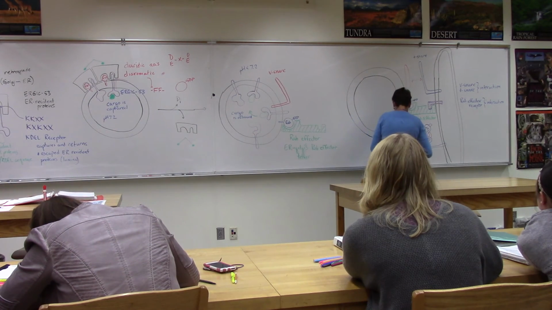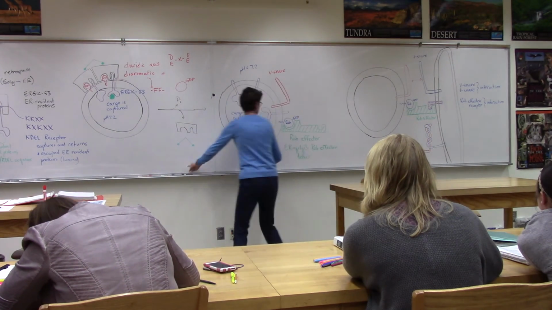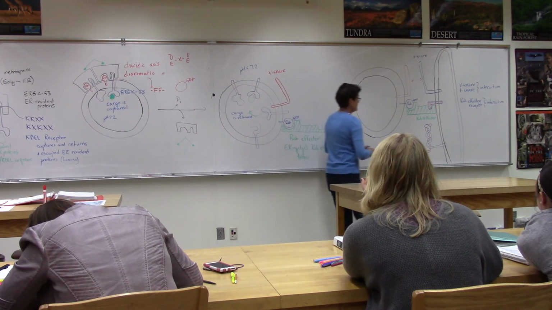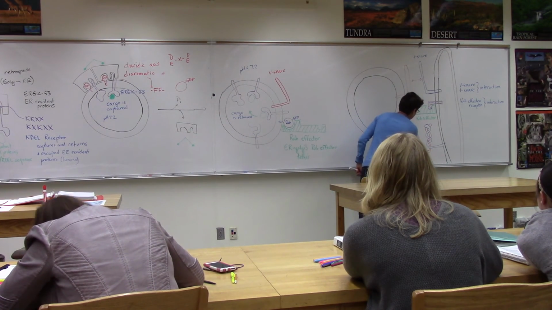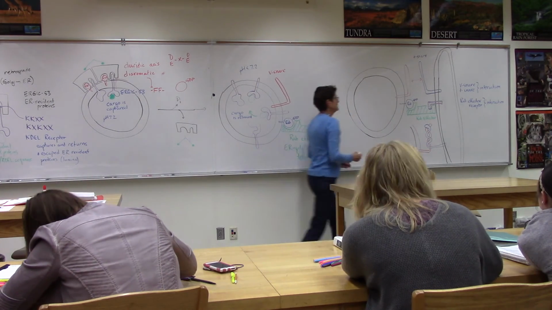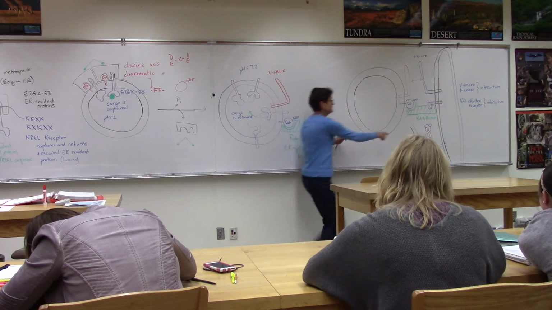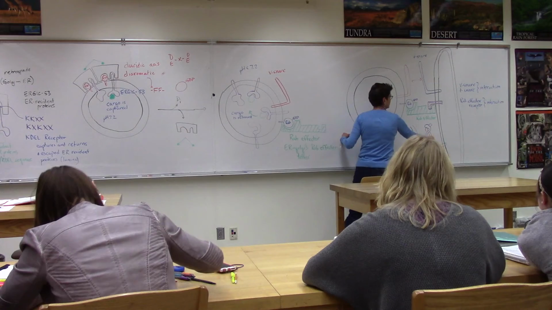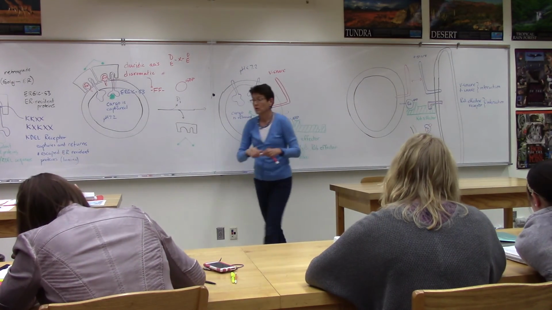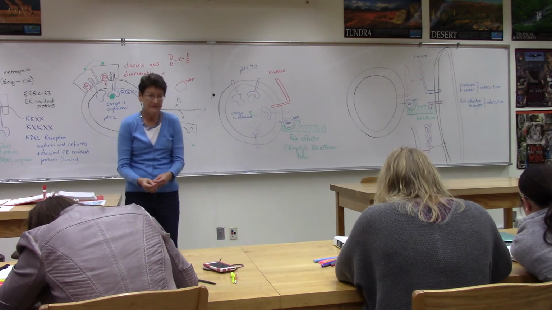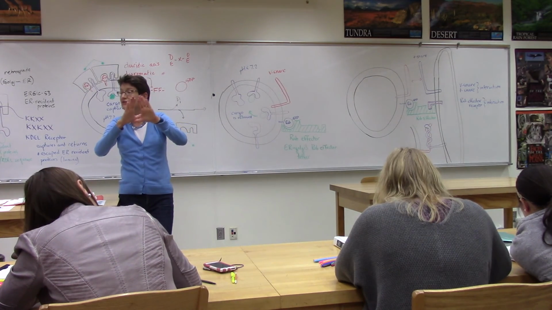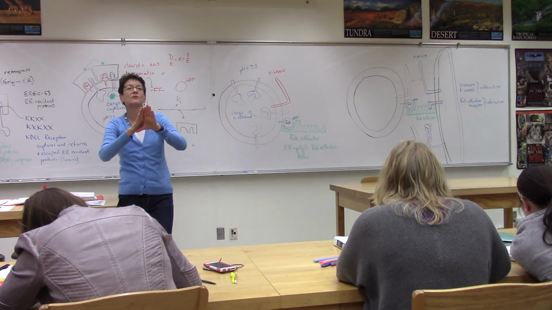I'm just going to draw this as another diagram. Does that make sense? So these are going to tangle up more and more, and the more tangled up they get, the closer the two membranes come in contact with one another.